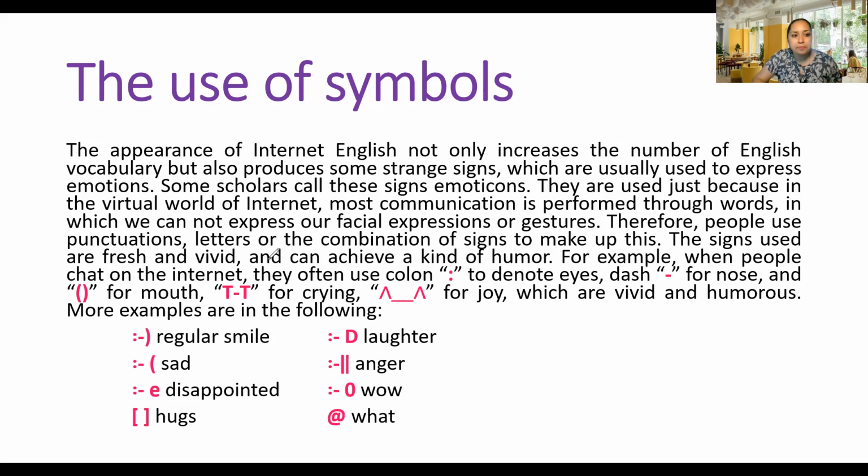For example, the colon was used for the eyes, the dash for the nose, and the parentheses for the mouth, and then you form a face with the combination of them. And the combination of T-T was a representation, or still is.